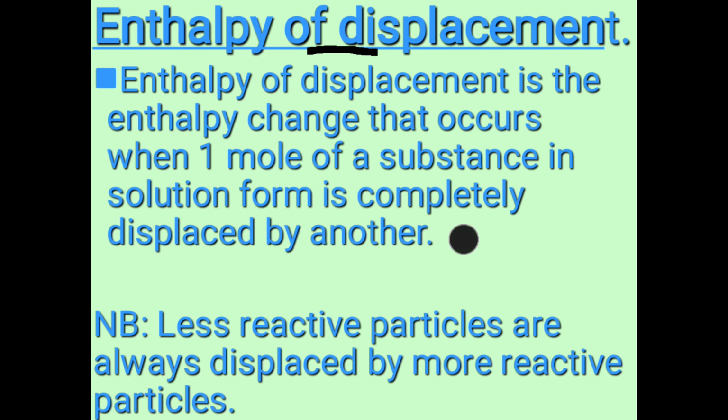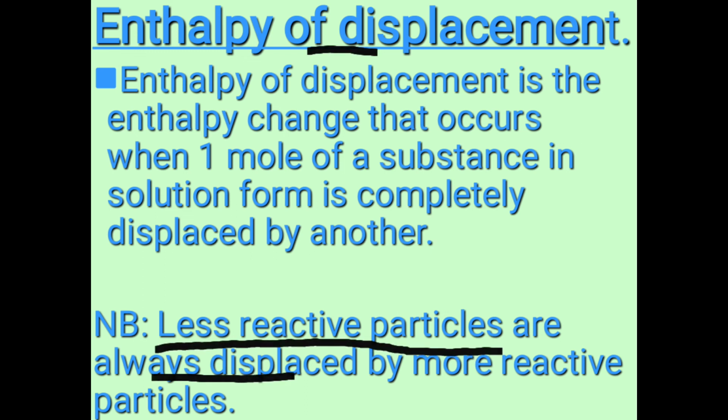So a less reactive substance cannot displace a substance that is more reactive. It is those that are more reactive that displace the ones that are less reactive. Therefore, less reactive particles or substances are always displaced by more reactive particles. I've given you an example of copper sulfate solution and potassium metal.